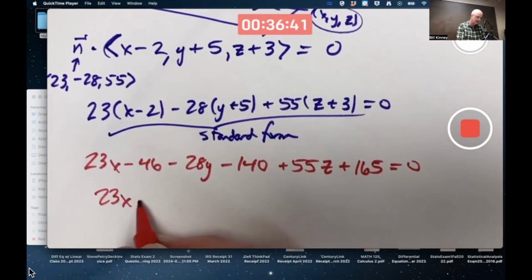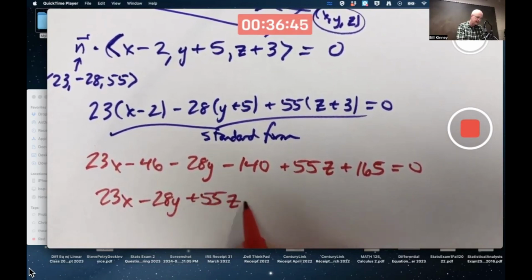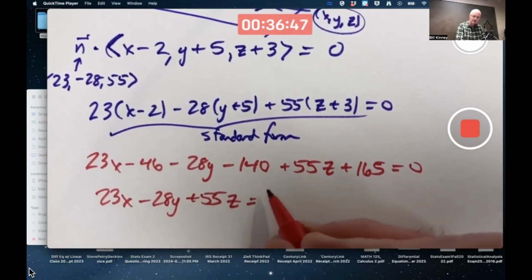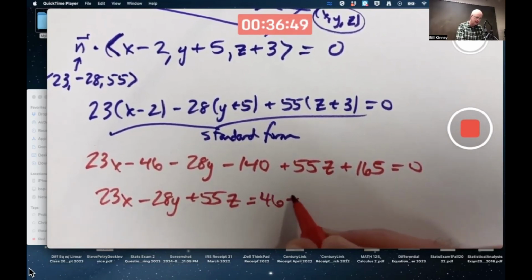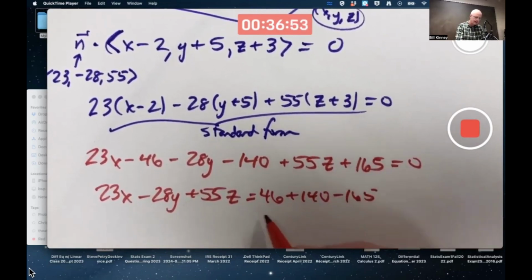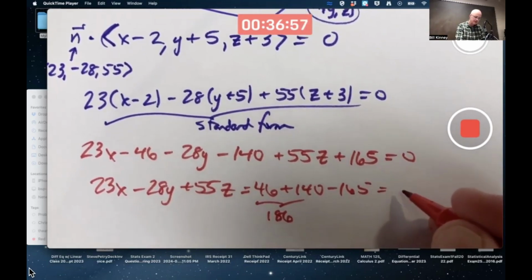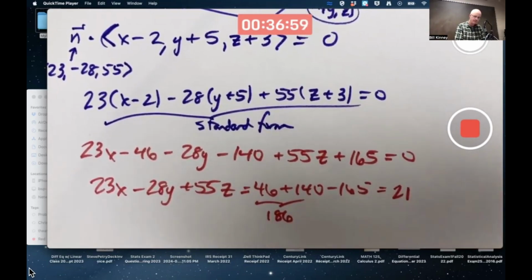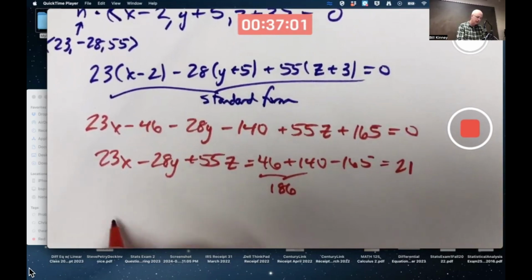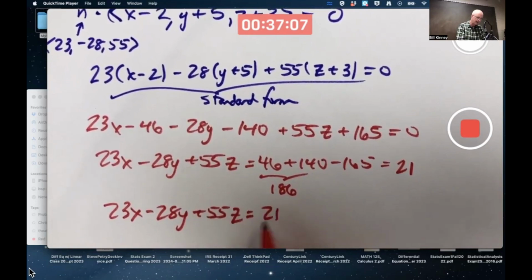And write 23x minus 28y plus 55z equals, bring the constants to the other side, 46 plus 140 minus 165. That's 186. So this simplifies to 21. 23x minus 28y plus 55z equals 21. That's the general form.